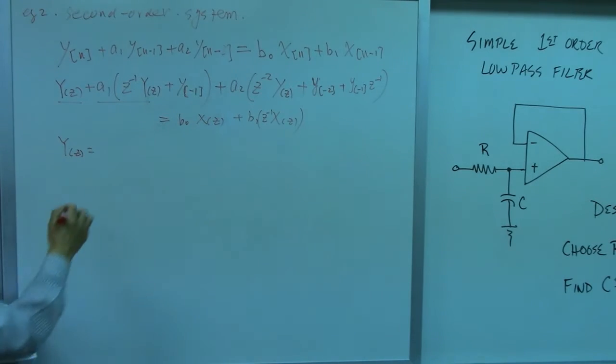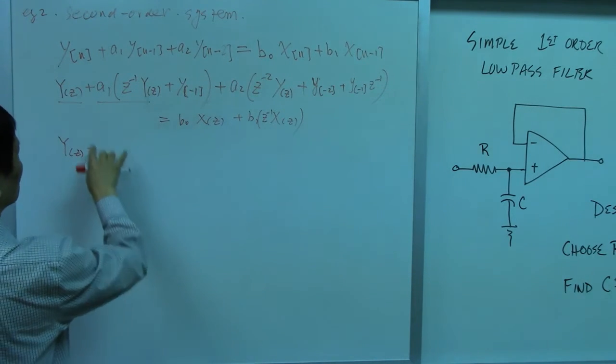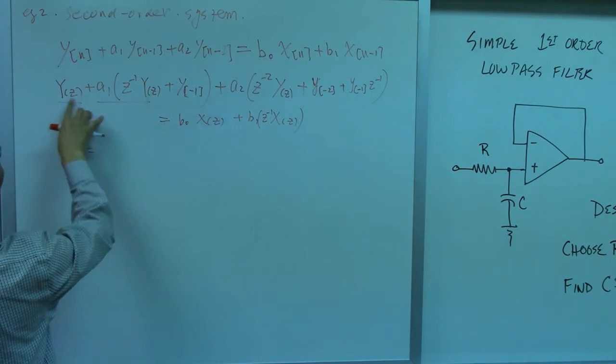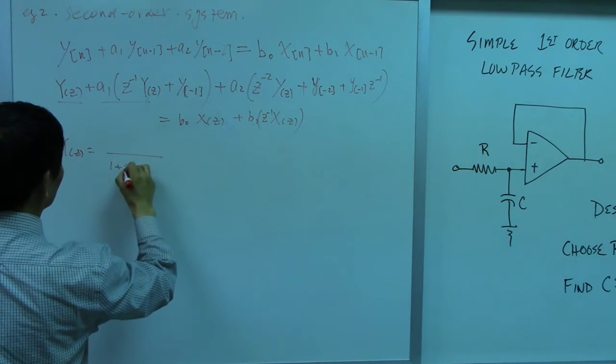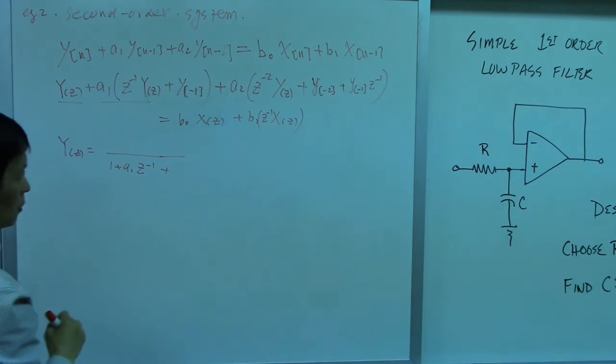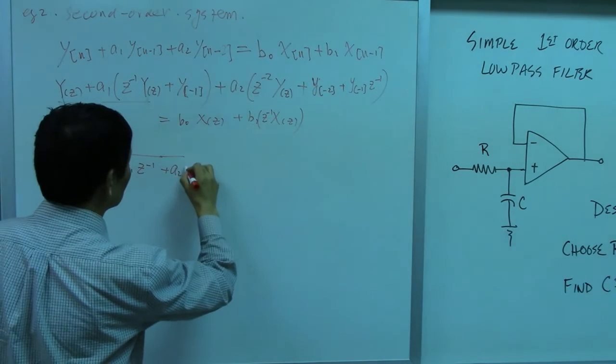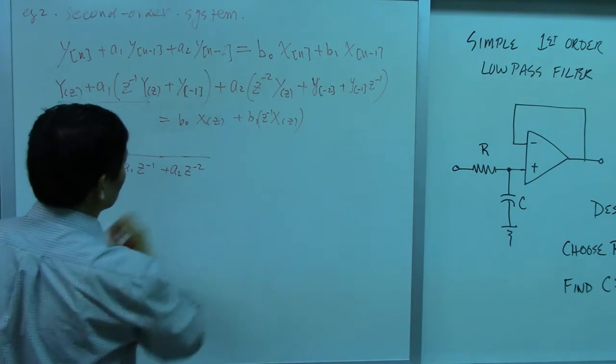Now Y(z) equals, the coefficient is 1 plus a1 z to the -1 plus a2 z to the -2.